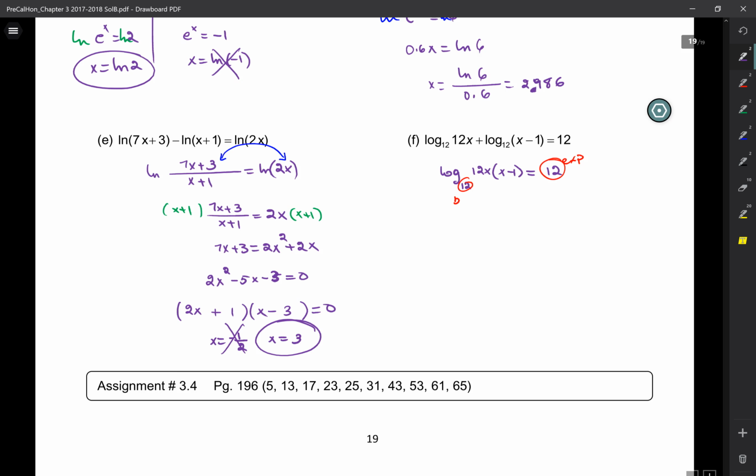Right. So 12x times x minus 1 is equal to 12 to the 12. And then, hang on, don't plug it in yet. Let's divide by 12. So x minus 1 is equal to 12 to the what? Ooh, hang on, there is an x here as well.